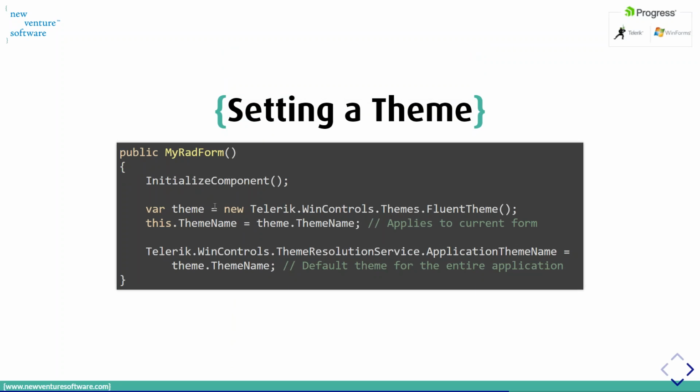If you want to set a theme in code behind, first what you do is add a reference to the Fluent theme here. I just want to add the Fluent theme to my application, so I need to add a reference to the Fluent theme assembly.